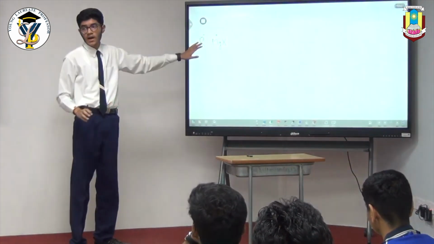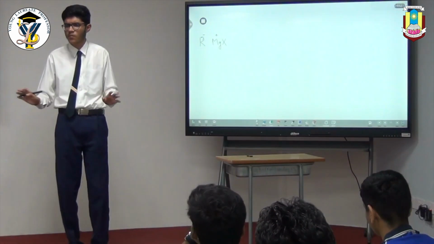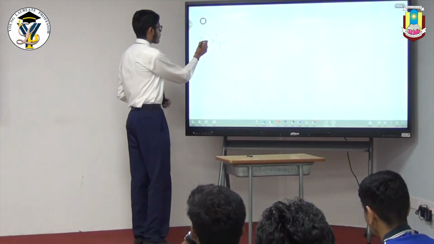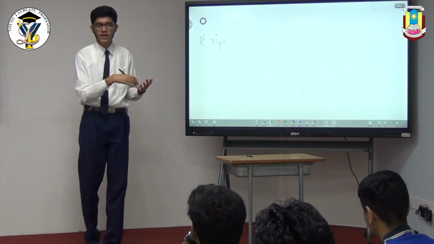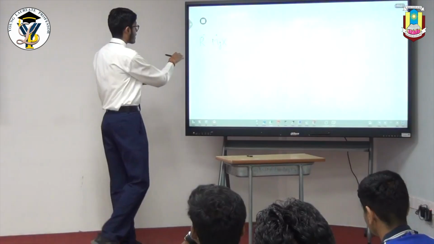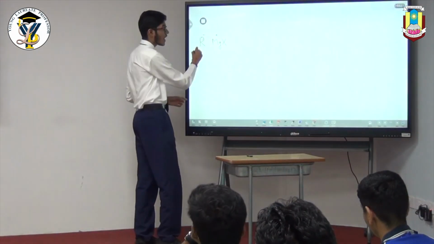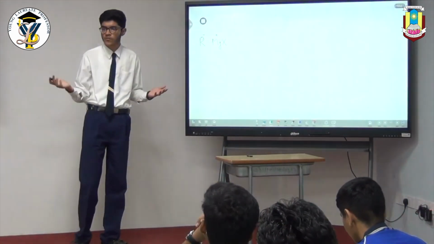R minus will attach with MgX like this. It will simply be an ionic bond. So what happens is this R minus can be removed when it is added in water. So R minus and MgX plus will be present in the solution. This R minus will actually attack that carbon atom which is electron deficient, and we'll get the bond formation.